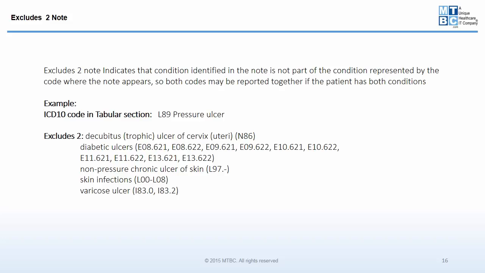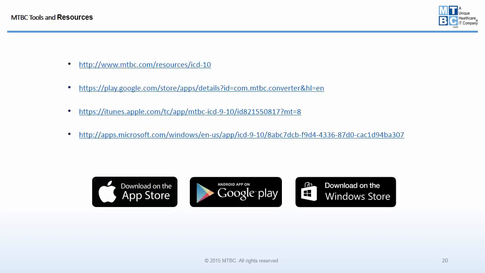Okay? But basically, I do recommend you guys start. You should have a copy of the book right now, because come October 1st, they need to be used. So getting the doctors and the clinical staff to start being more specific now would be an excellent idea, so that you're not trying to rush later to get this done.